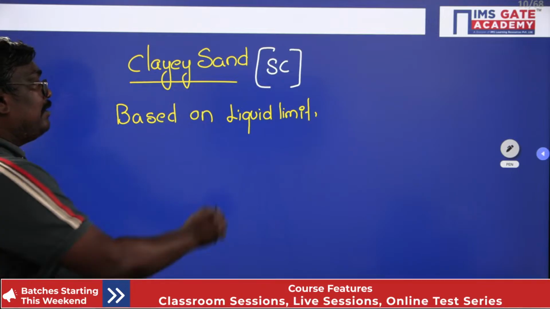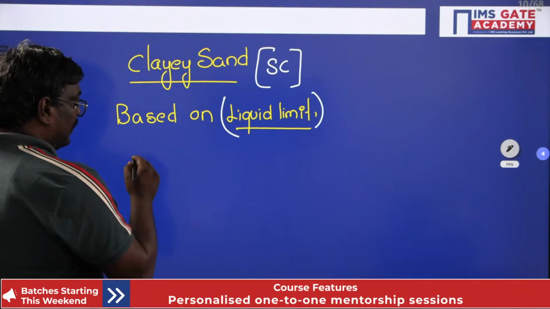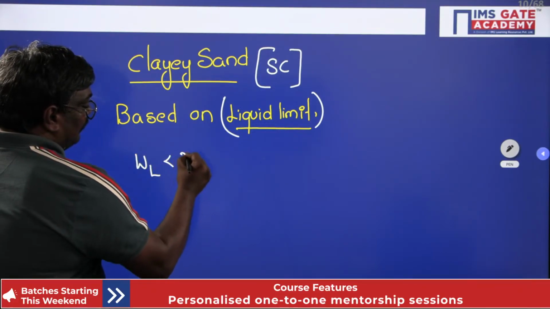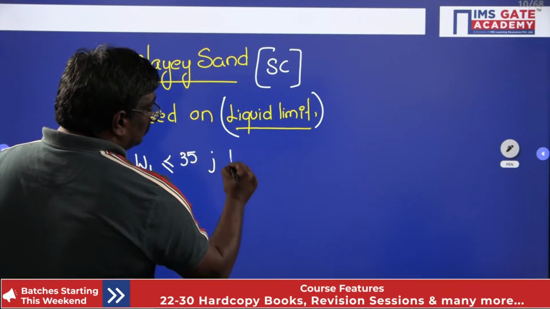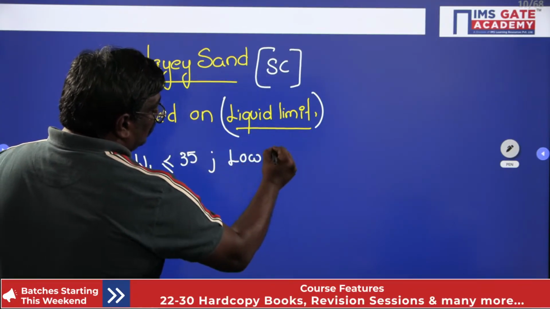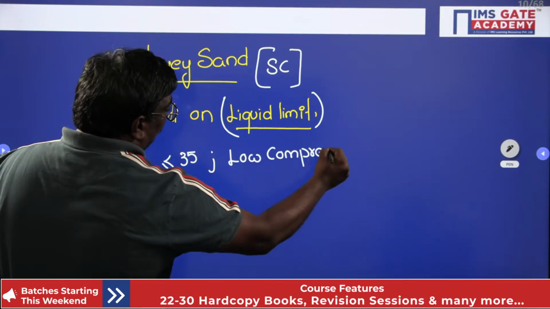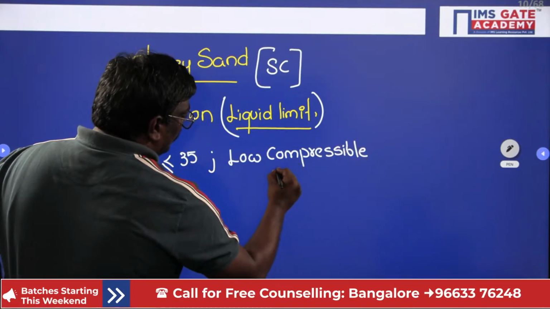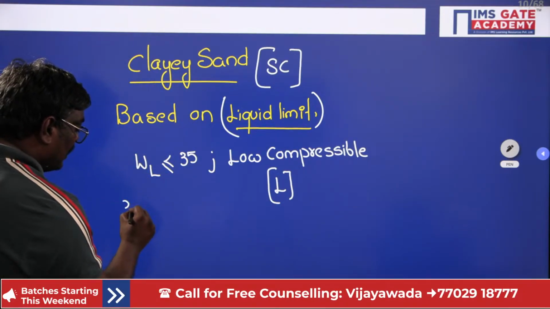Based on the liquid limit value, the compressibility can be identified. When the liquid limit is less than or equal to 35, it is called low compressible, that is equal to L.